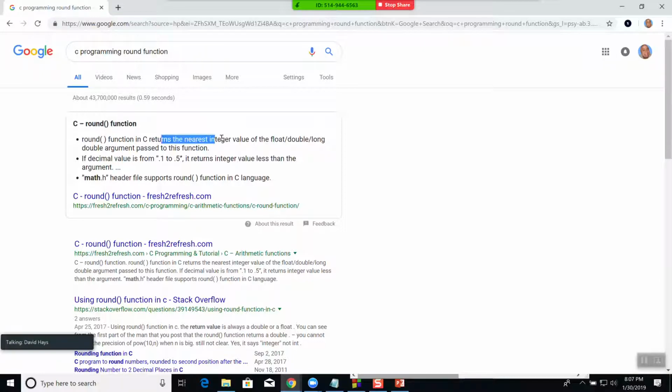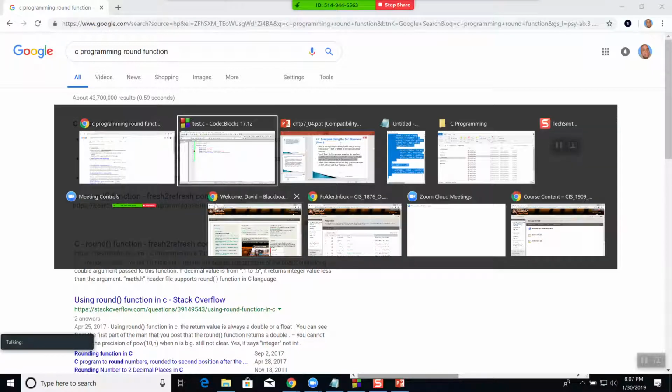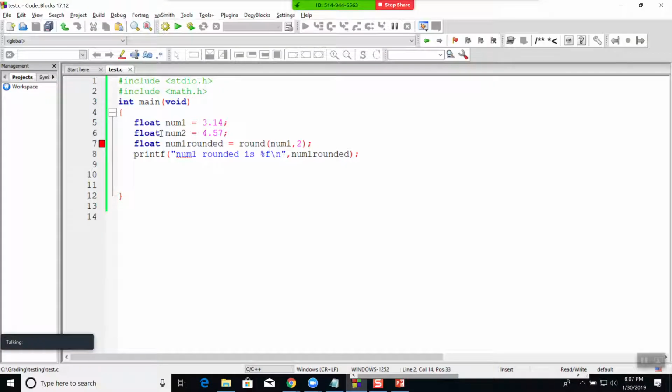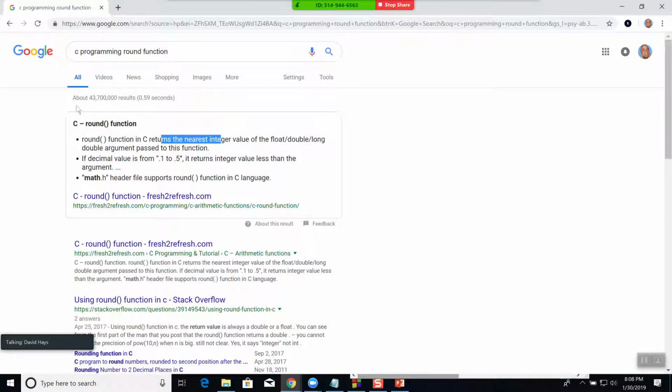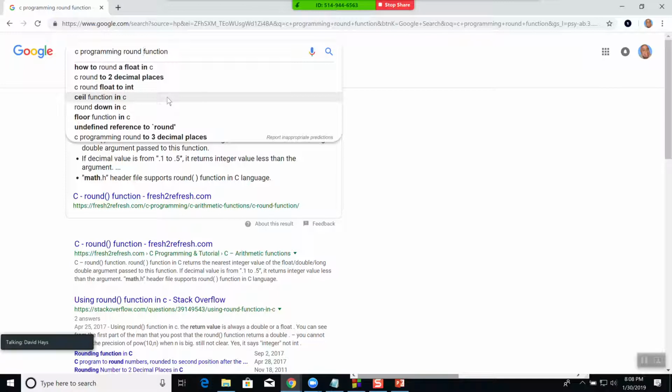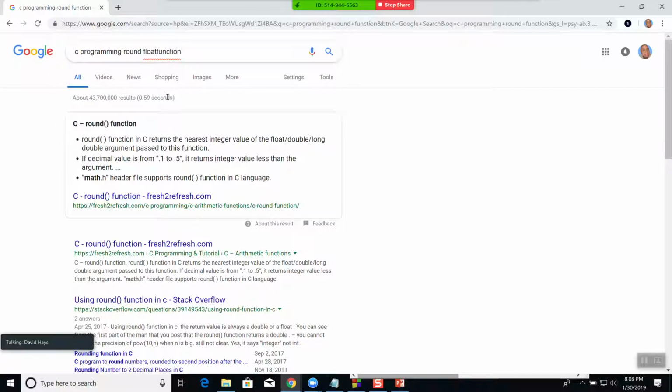Integer. That returns an integer. So rounding. Okay. I don't want it to return the nearest integer. Rounding floats, doubles, something.